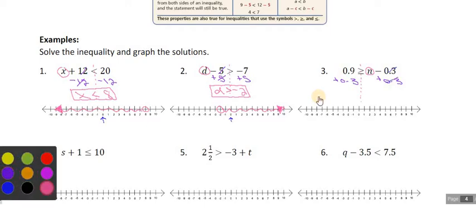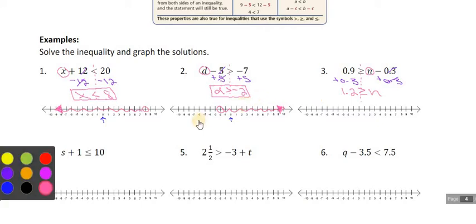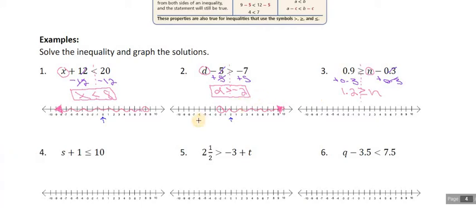Okay, so we're going to keep everything in line where it is. So we're going to get 1.2 is greater than or equal to n. Now we need to make sure, especially with inequalities, that we then write our answer with the variable first. So we're going to flip the whole thing around, meaning we're going to put our variable on the left, we're going to put our 1.2 on the right, and we need to make sure that we leave our inequality open to the same term or number that it was open to before.